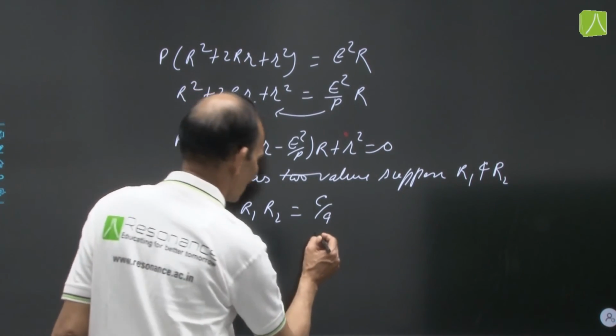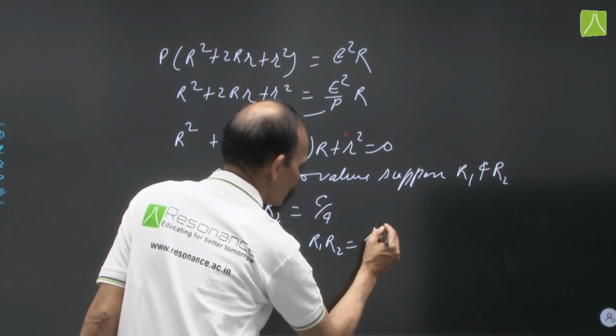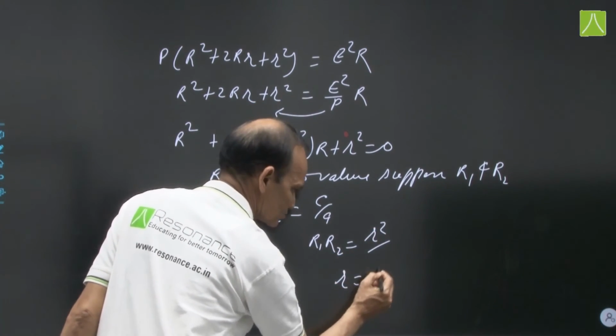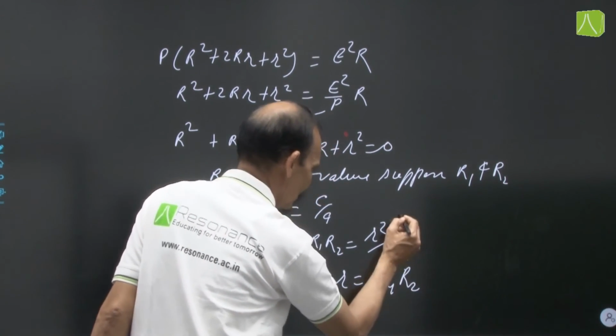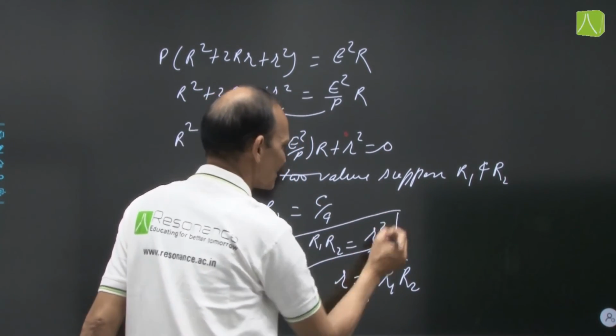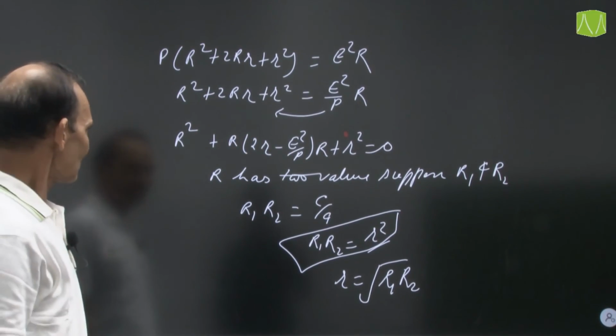So R1 R2 equals r square upon 1, or we can say r is the square root of R1 R2. This is the answer of part F.